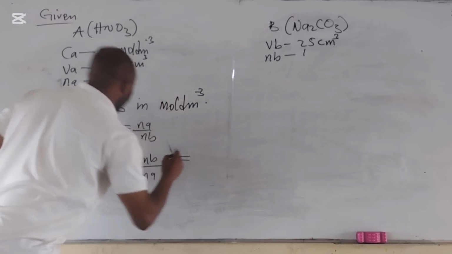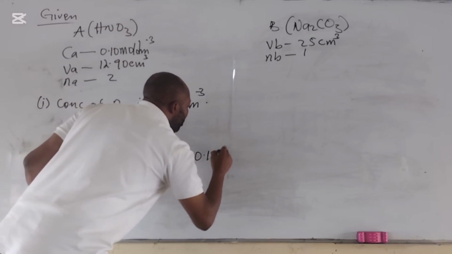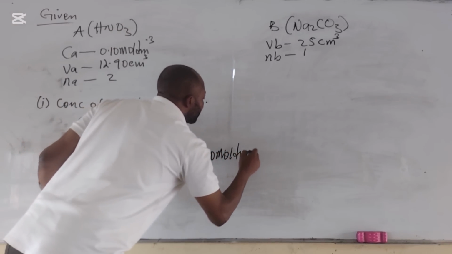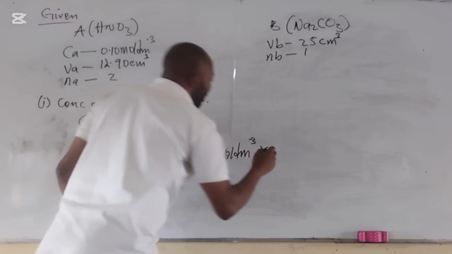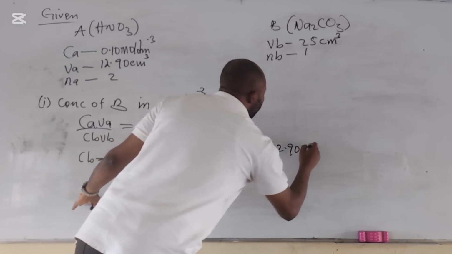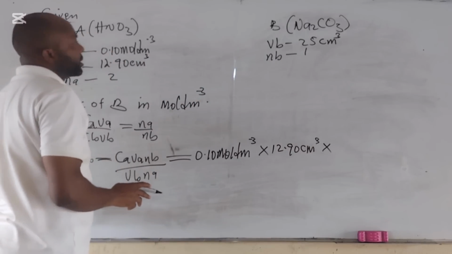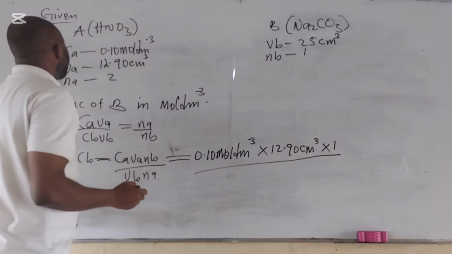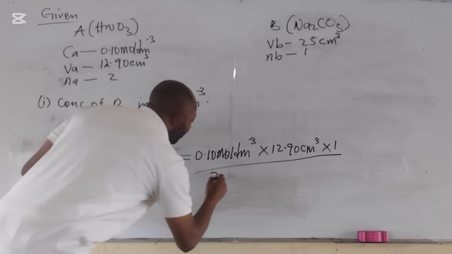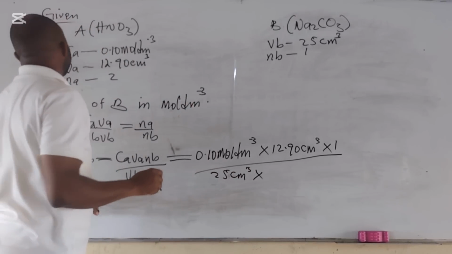The CA is given to be 0.10 mole per dm cube, times volume of acid VA, 12.90 cm cube, times number of moles of base, 1, over the volume of the base, 25 cm cube, times number of moles of acid NA, which is 2.